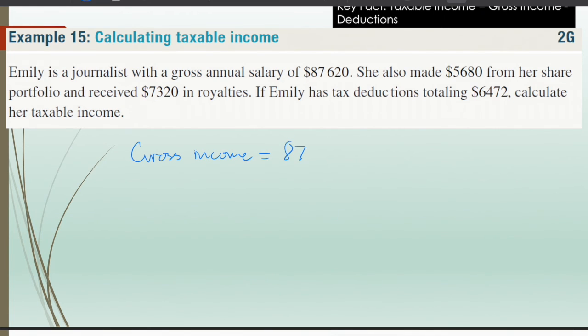We're just adding these numbers together and then subtracting her deductions.